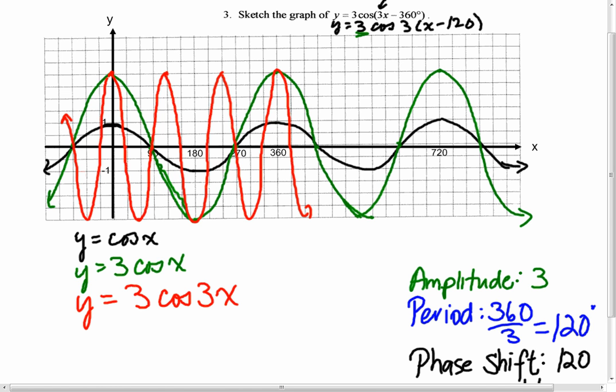The last is we are going to have a phase shift 120 degrees to the right. I haven't used blue. I said that right, yes, phase shift 120. Y equals 3 cos 3x minus 120. So every major point gets moved to the right 120.